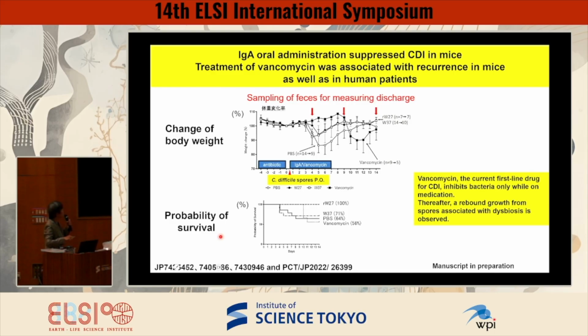But after the cessation of vancomycin, the mouse body weight reduced, and from 9 to 5, several mice died. So vancomycin, the current first-line drug for CDI, inhibits bacteria only while on medication, because they can make spores and escape from the antibiotics. But after cessation, they regrow. Then they cause severe colitis.